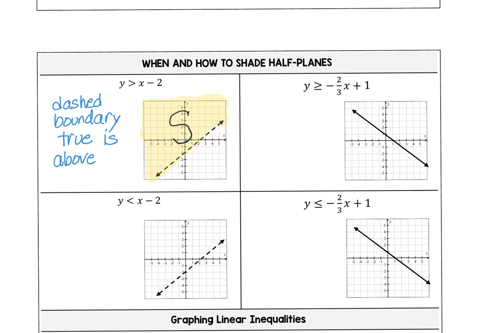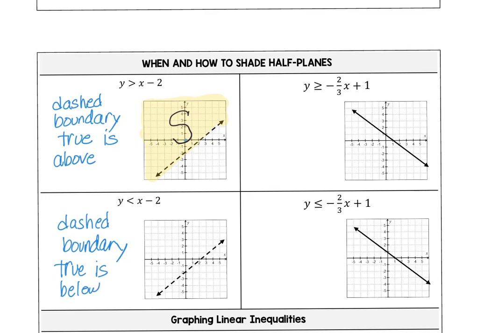And then in this example here, same thing. I've got a dashed boundary line, and I want all the y values that are less than the line. So the dashed boundary would be true below the boundary line.